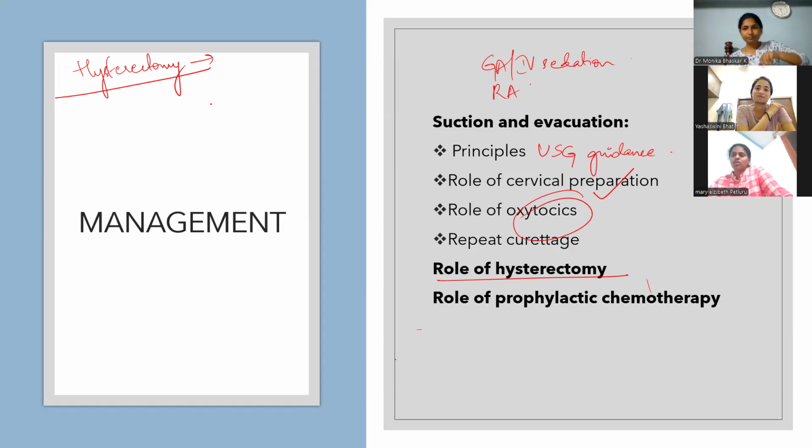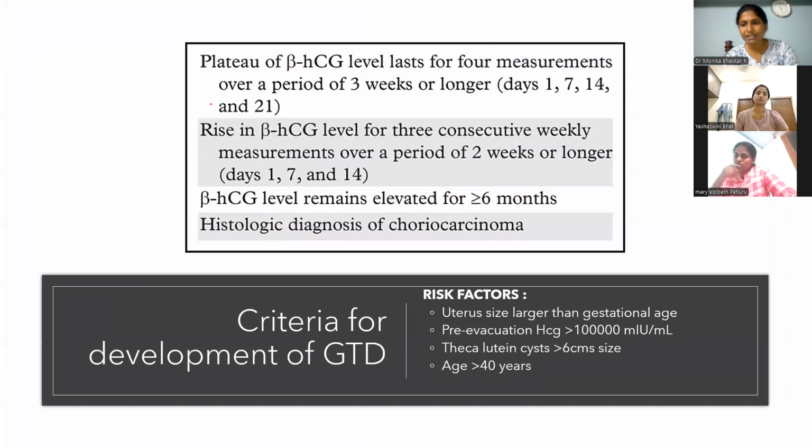So first thing, in cases of high risk moles. I told you, if she has already completed her family and there is a risk of a high risk mole. If the beta HCG is more than 1 lakh, if the maternal age is more than 40 years, if there is presence of theca lutein cysts, and if the uterus size is larger than the period of gestation.